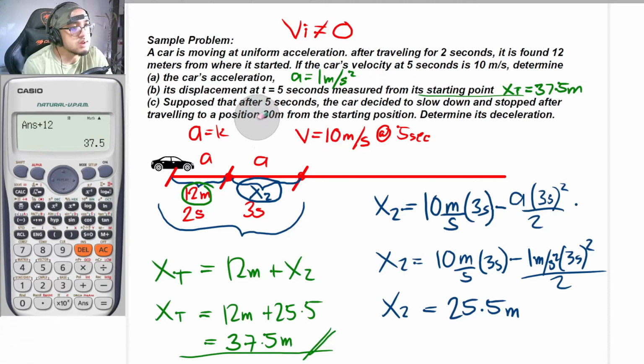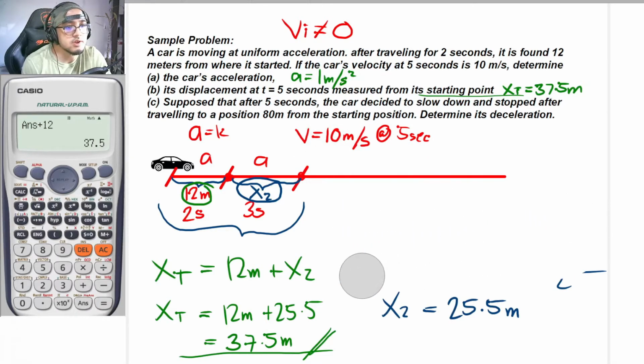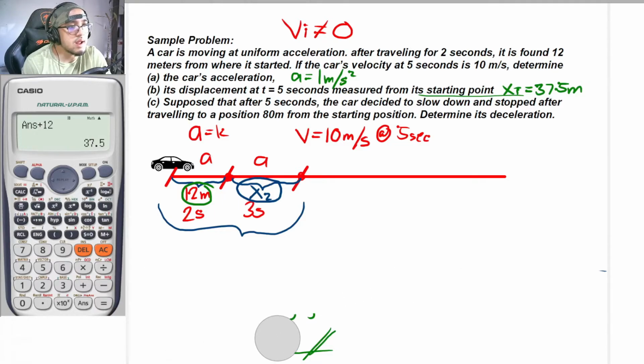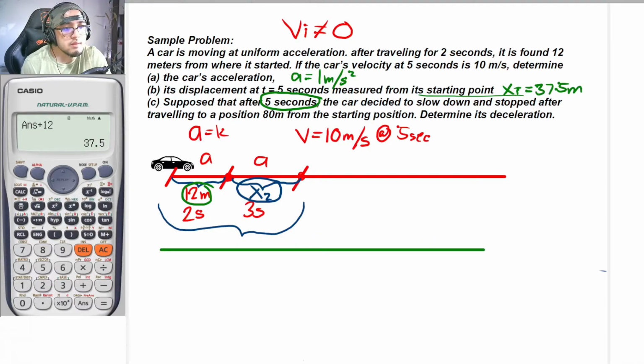It is said in the problem for the next question that suppose that after 5 seconds, the car decided to slow down and stopped after traveling to a position 80 meters from the starting point. So we would now be determining its acceleration, its deceleration.